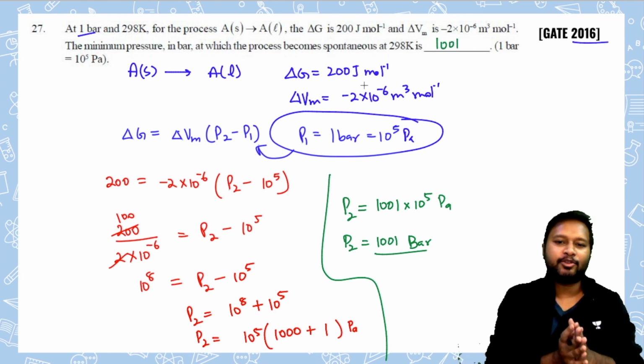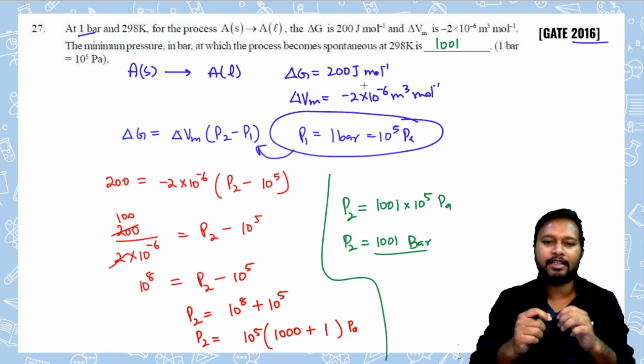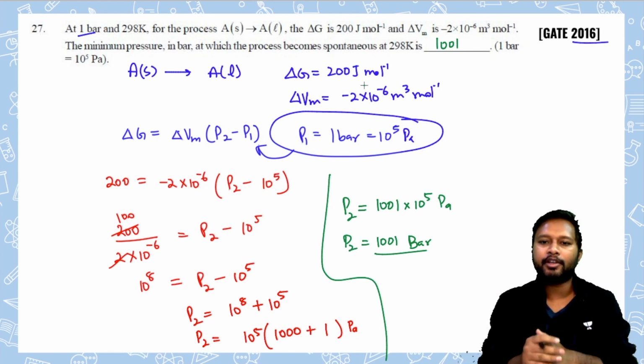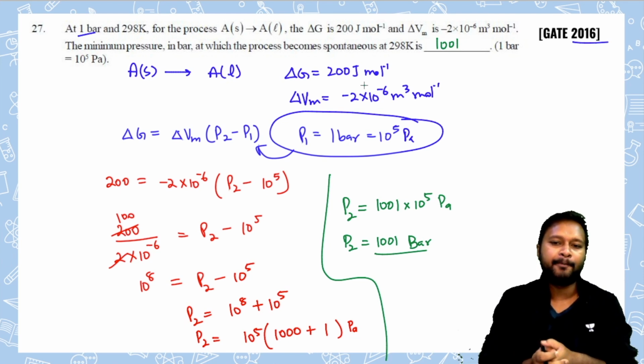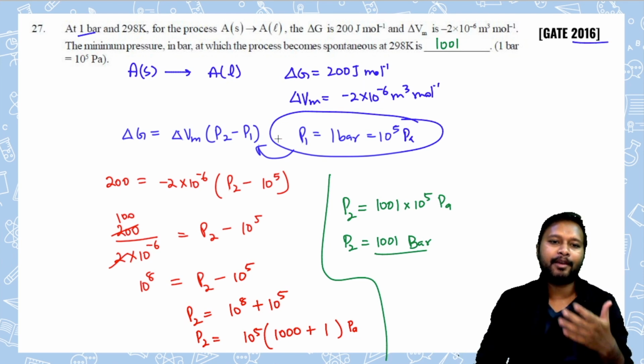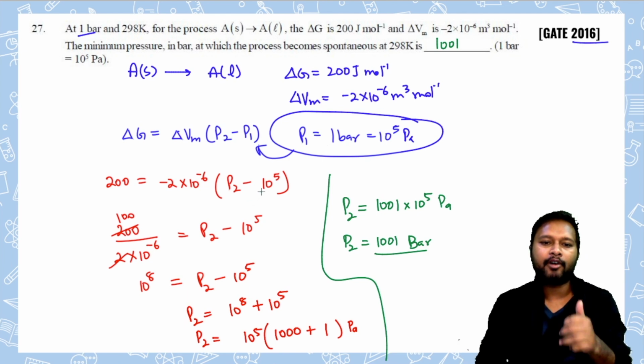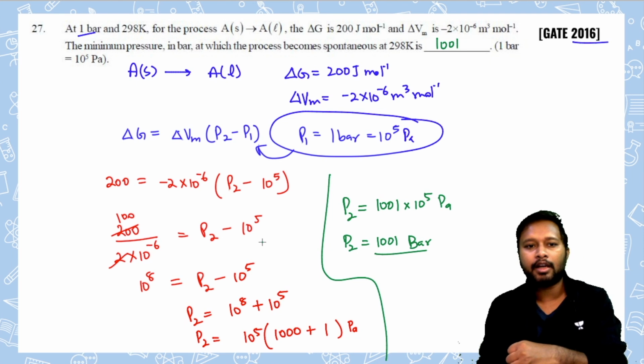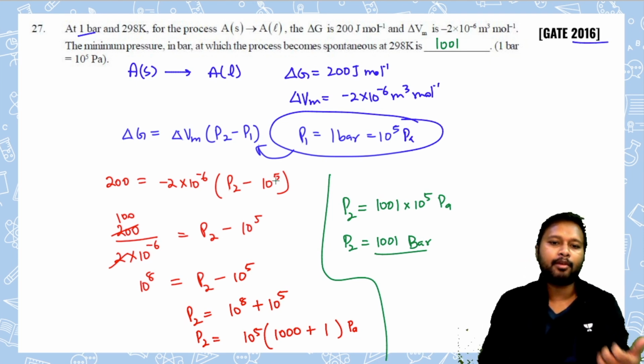So this is how it has to be done. This question is a very good example of how you can use a unit conversion to solve a particular question. Now why have I not kept everything in bar itself, why have I converted this into pascal and then again converted into bar, instead of just putting it as 1 bar?